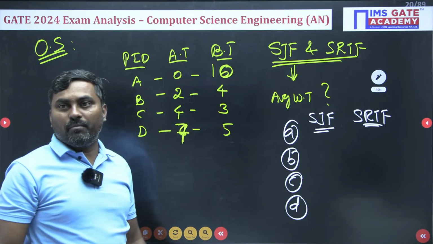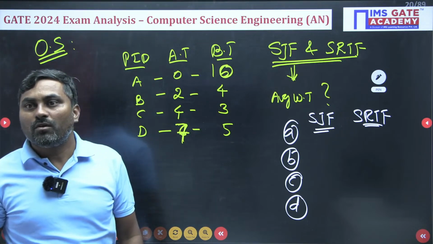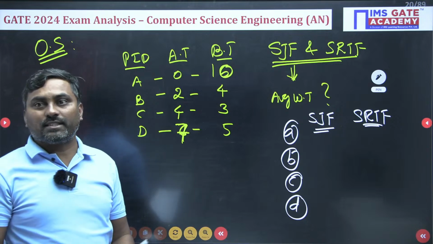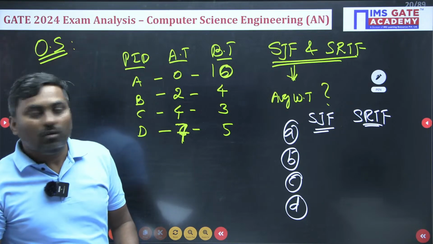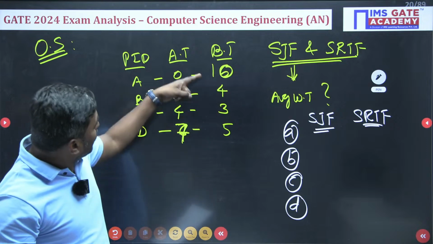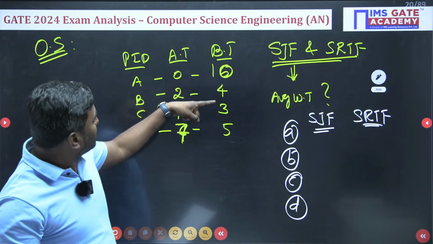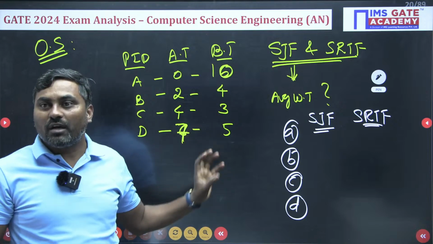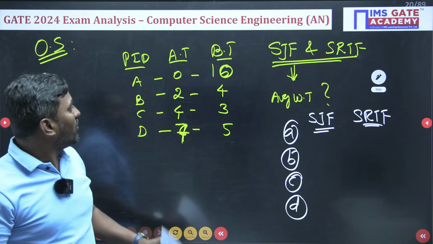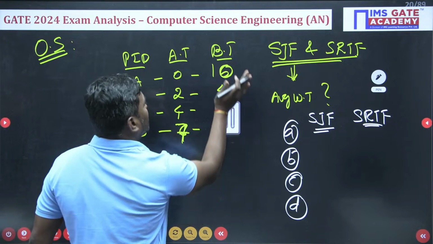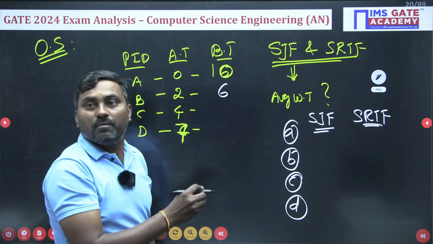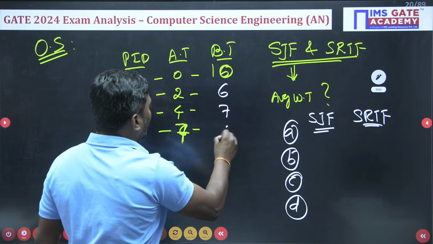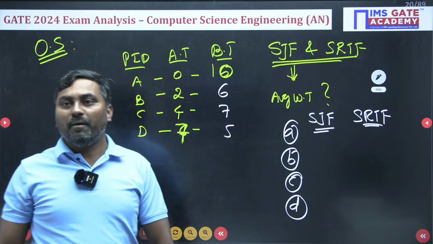Total burst time was 26. So 26 it won't bring, check how much it will be, 14, 19, 20. Some values are 6, 7, 5. This is the data.